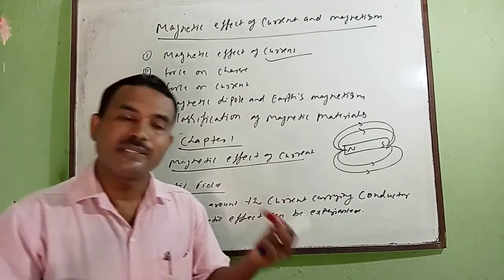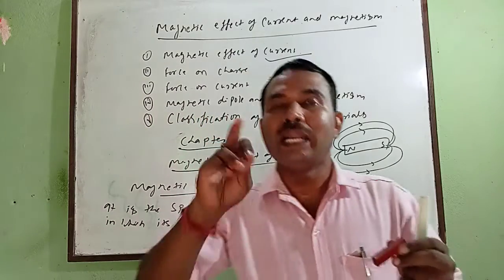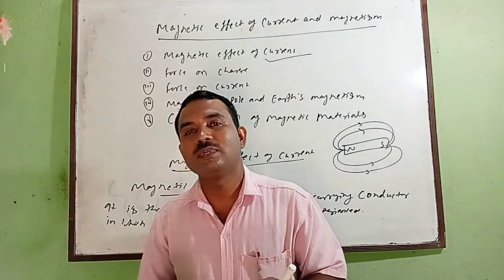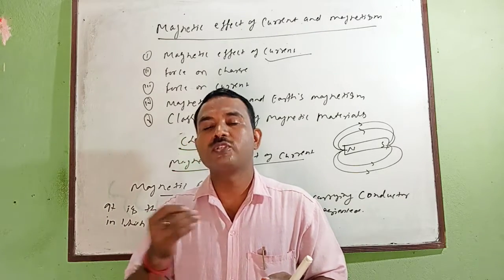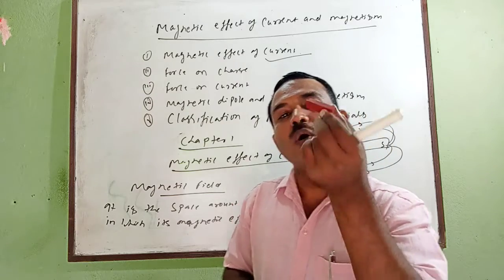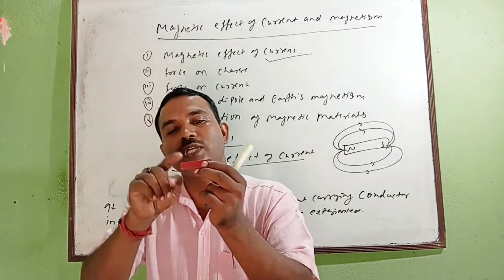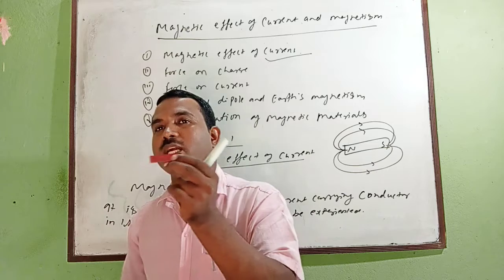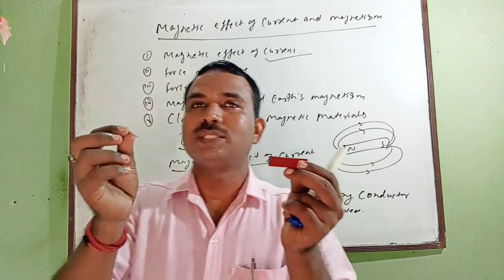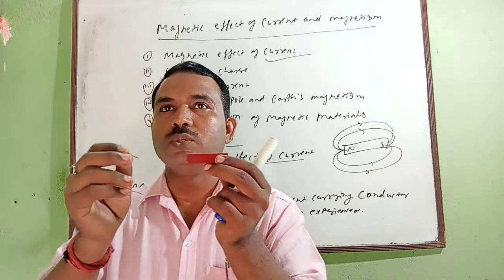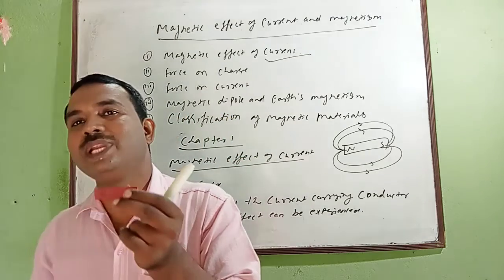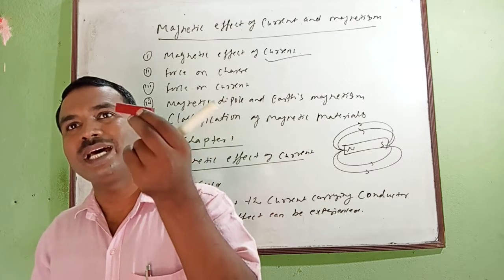Is it clear? And the same thing you can say about electric fields, where the electric effect can be observed around a conductor, just like we have magnets, and here the charge is present. So with any type of conductor you bring here, you will notice that some force will be experienced by this charged body.